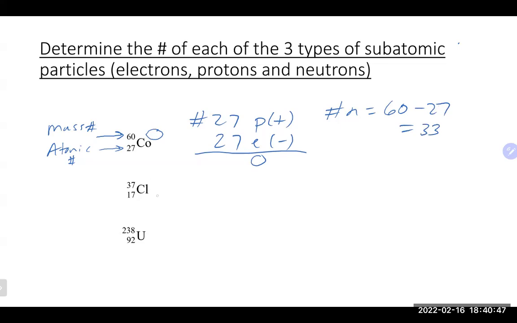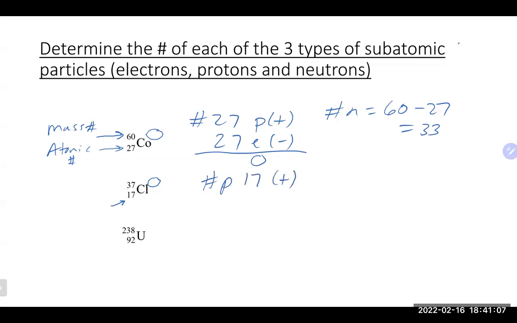That's cobalt, by the way. Coming down to Cl, which is chlorine. Again, we'll look over here. We don't see anything written, so we know it's neutral. We see that our atomic number is 17. So that should tell us in this case, number of protons is 17.